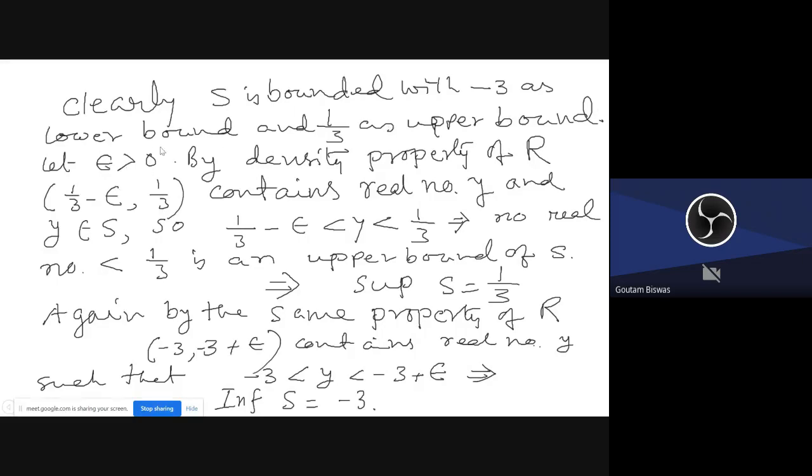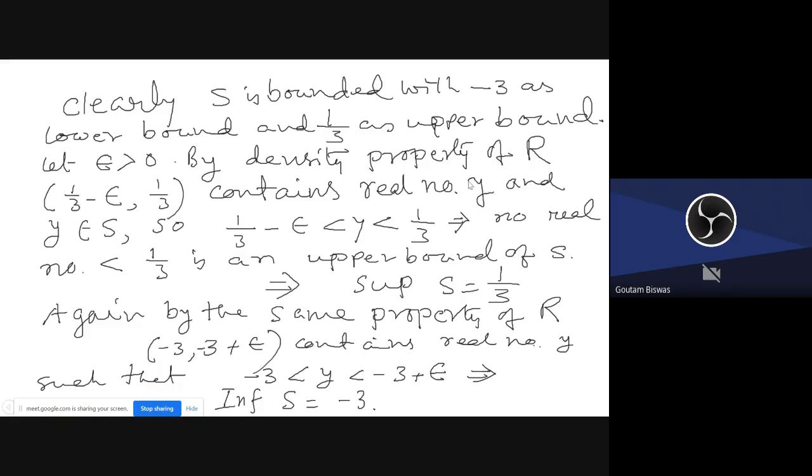Let epsilon be greater than 0. By density property of R, as I told you in the earlier classes, density property means between two real numbers there exists an infinite number of real numbers. So this is a real number and this is a real number.